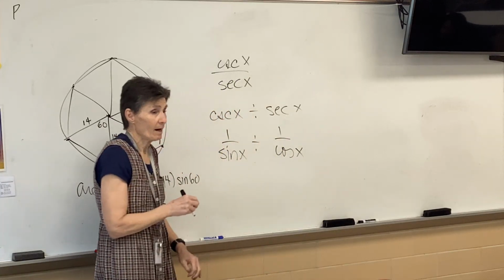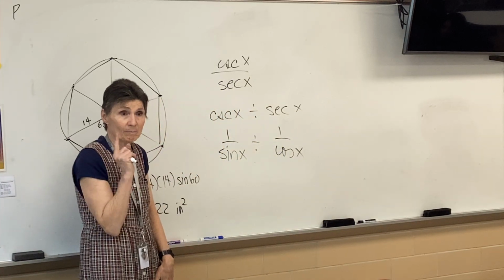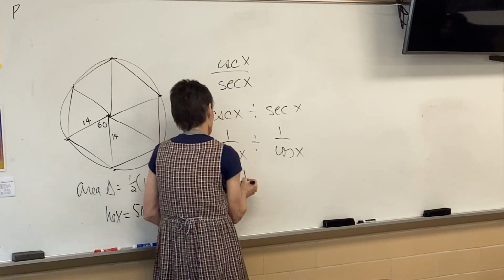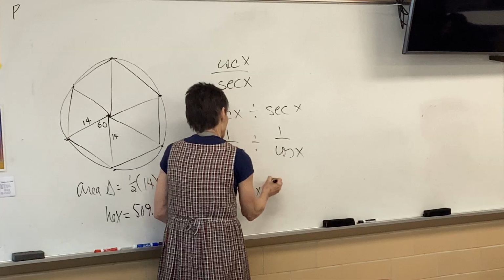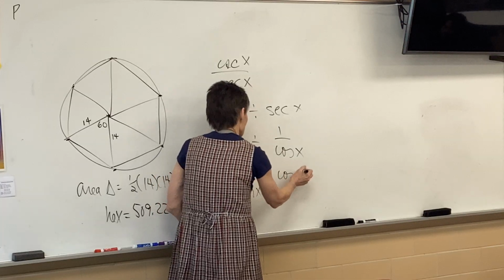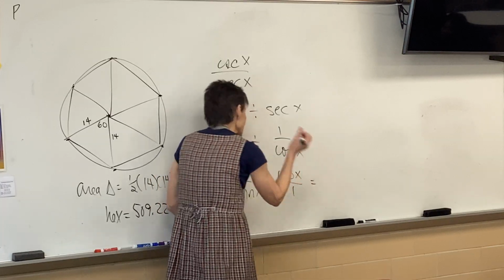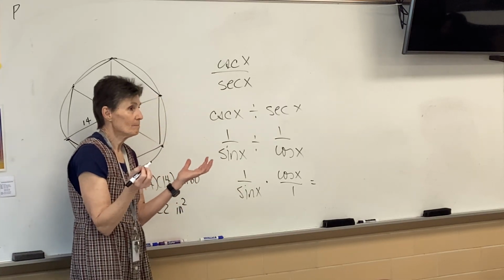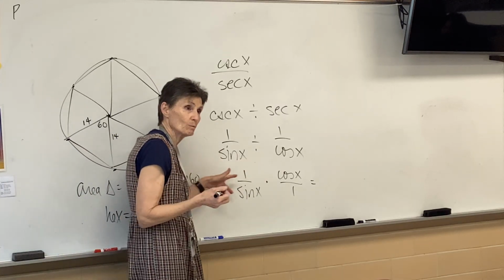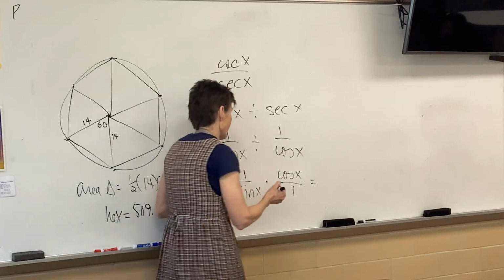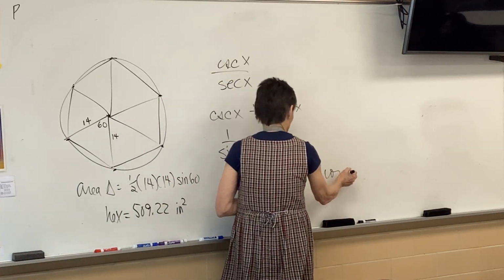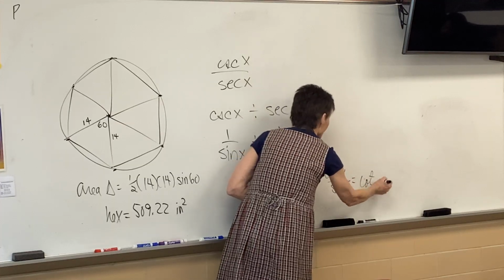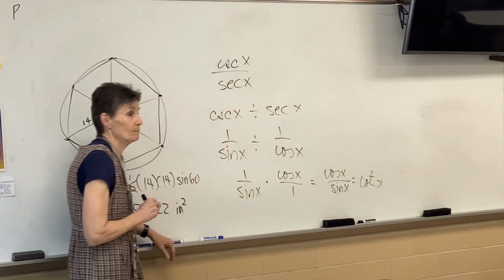And now I have a fraction divided by a fraction, so I can change that. And many times at this point, something will cancel. Not this time, but I can multiply them, right? What do I end up with when I multiply them? Cosine over sine, which you are exactly right, is cotangent.